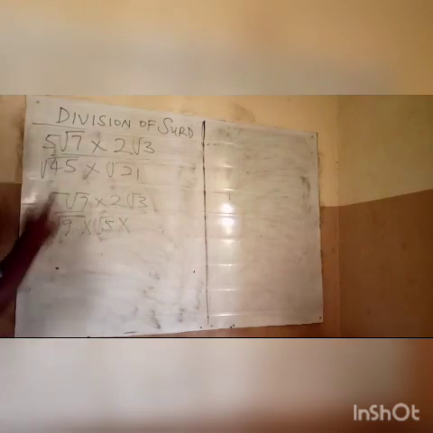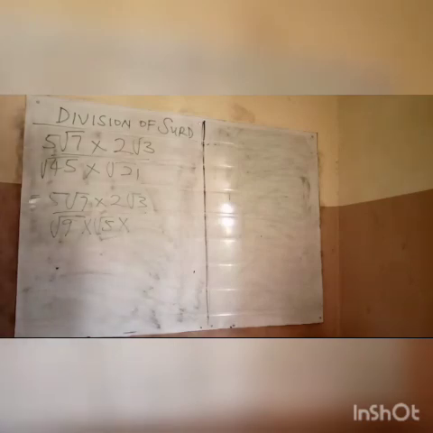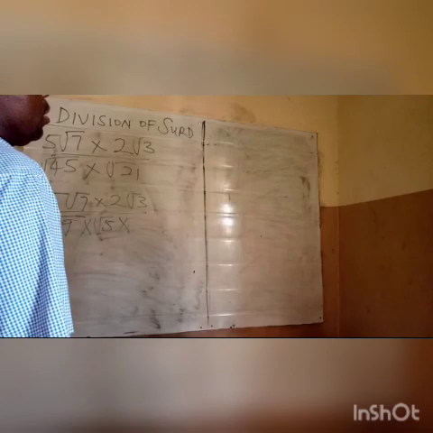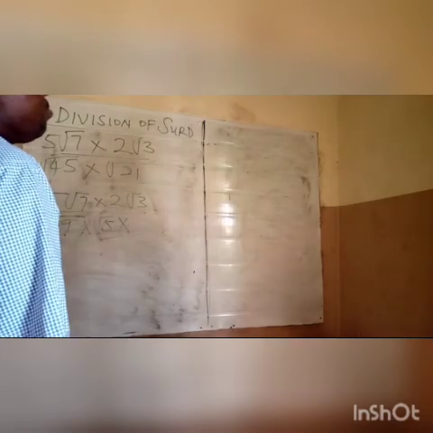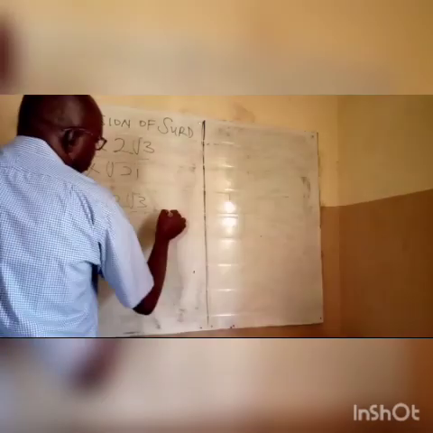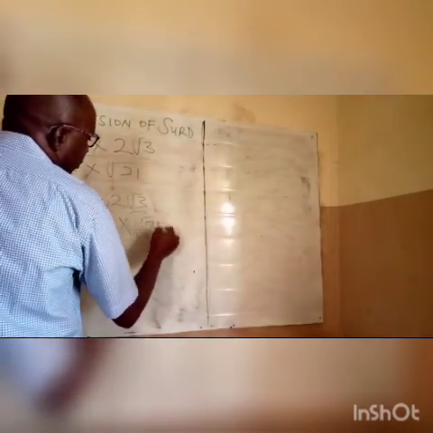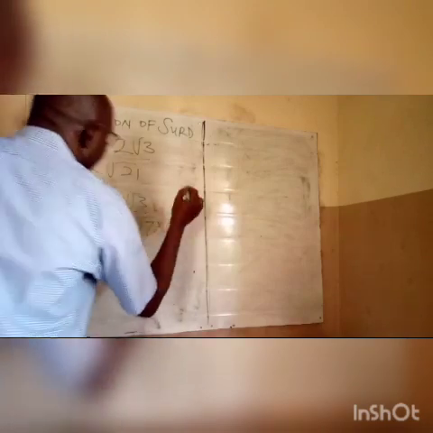We can also simplify 21. 21 can give us two factors. What are the factors of 21? 3 and 7. Only 3 and 7. So we now have root 7 times root 3.